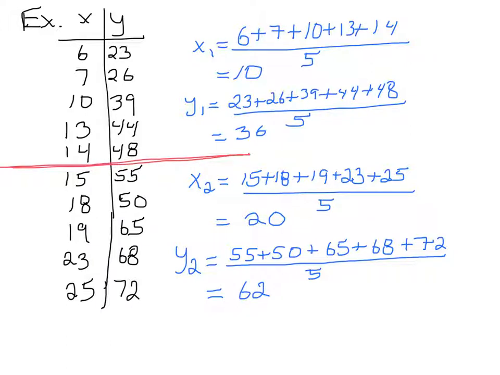And so my P1 is going to be 10 and 36, and my P2 is going to be 20 and 62.